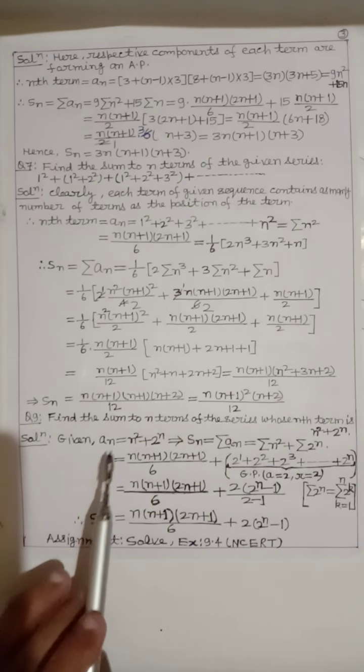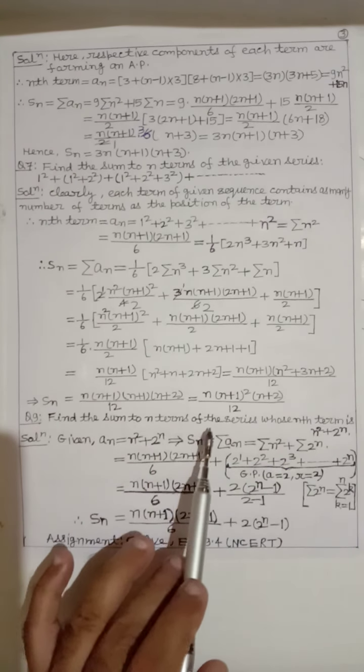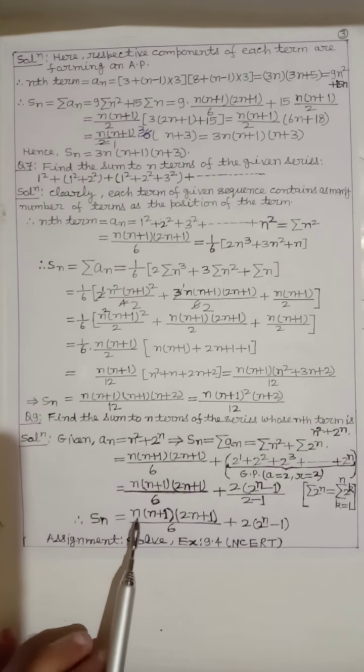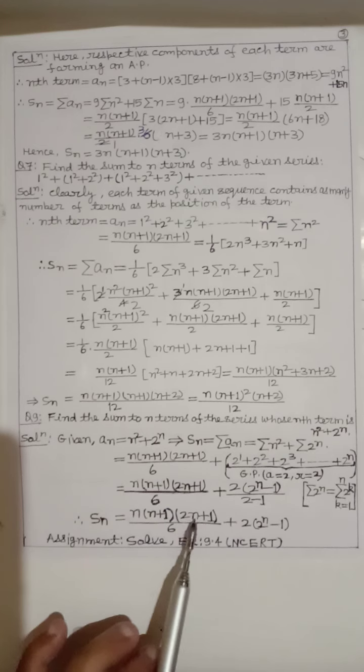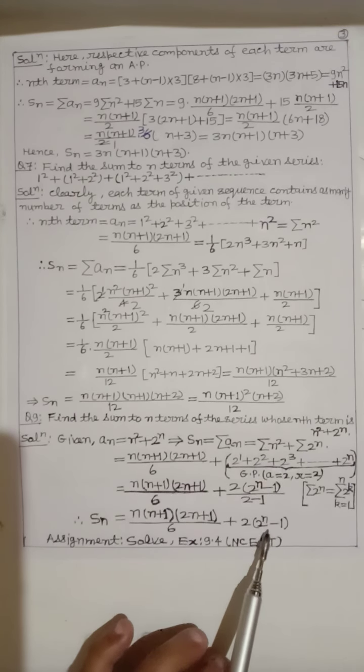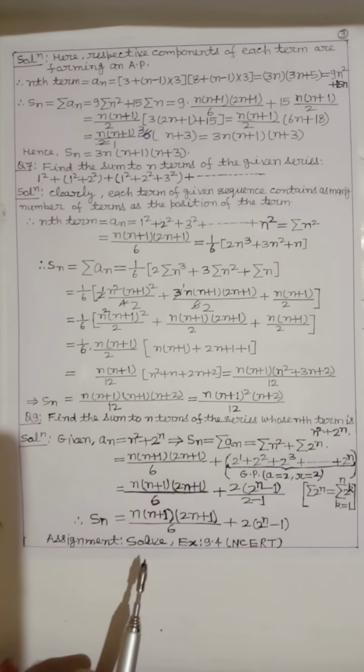So the sum to n terms of the given series is n into n plus 1 into 2n plus 1 by 6 plus 2 into 2 to the power n minus 1.